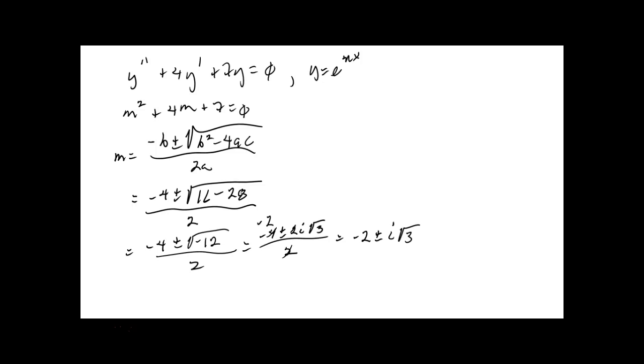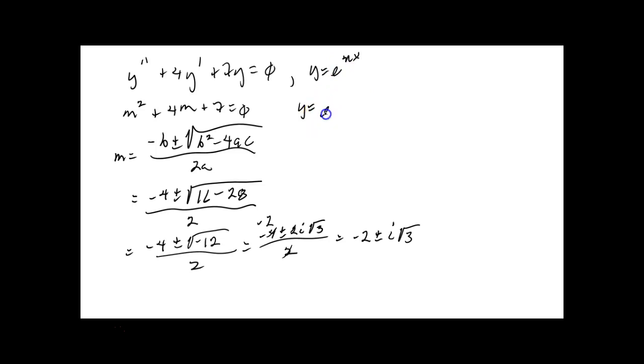What do we do with this? Sine and cosine. And that's the case 3 that we had. And the result of this is just above this example as equation 8. So what will it be? y is equal to, it doesn't look at all like the e to the mx, or not much like it anyway. What do you get there?